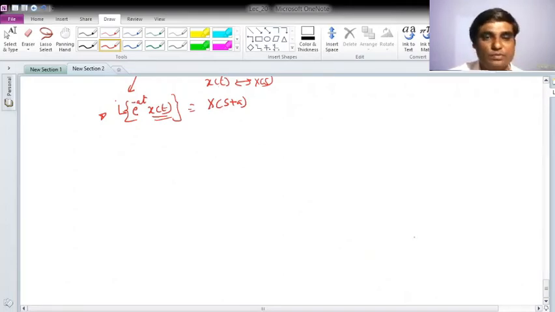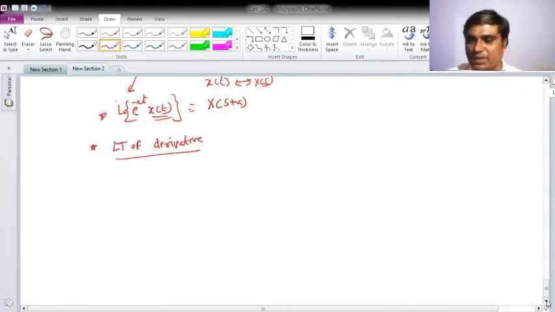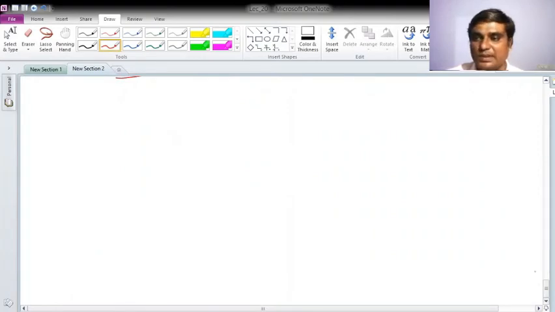Now let us see what will be the Laplace transform of a derivative. This is the next property. What is the Laplace transform of the derivative? Because this is very important for us, as we came across it so many times while solving the dynamic circuit.